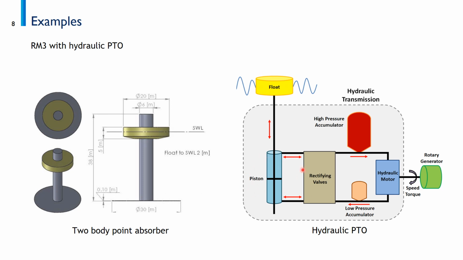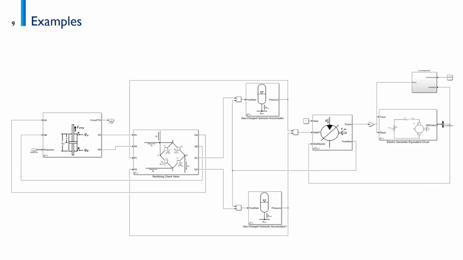So here what you can see is the float that is connected to a hydraulic piston. This piston is connected to a hydraulic system that is converting the vertical linear motion of the float into a rotational motion for the electric generator. So we're going to see how to model.